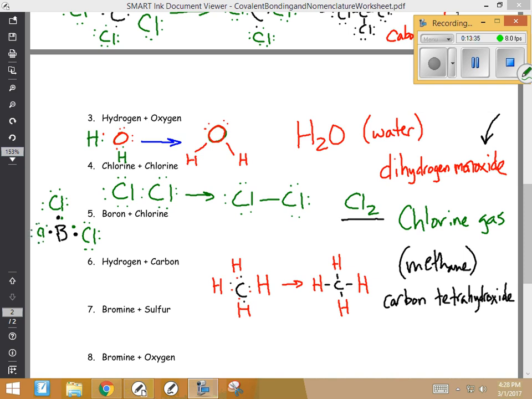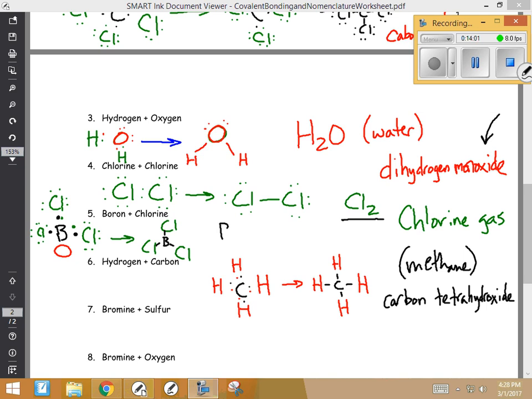Okay, and bonds together. Look at that. There are no unshared pairs on boron. Okay, no unshared pairs. We'll get into why that is important later. But what you're going to see is chlorine, chlorine, chlorine, and boron in the middle, and a line between each, signifying the bond.